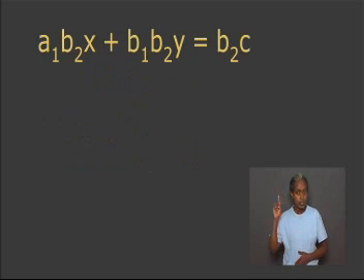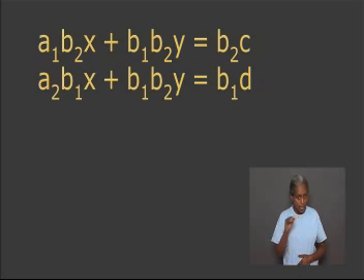This gives us A1B2x plus B1B2y equals B2c, and A2B1x plus B1B2y equals B1d.